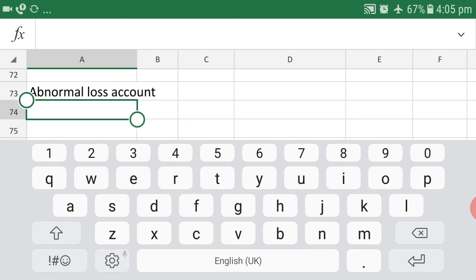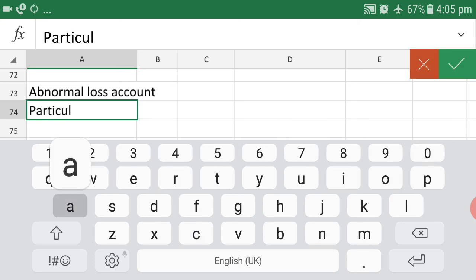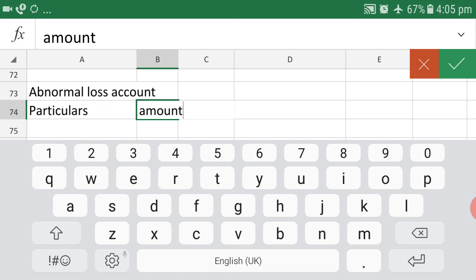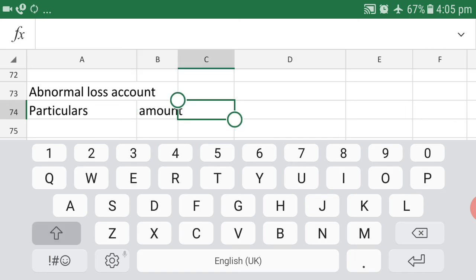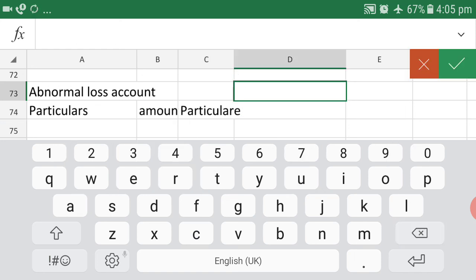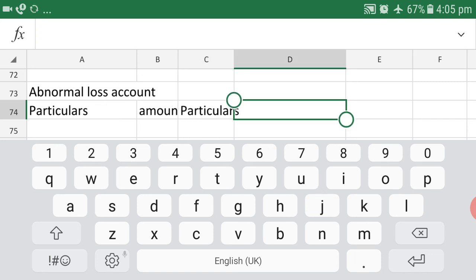One particulars column and one amount column, same like the credit side, one particulars column, one amount column.